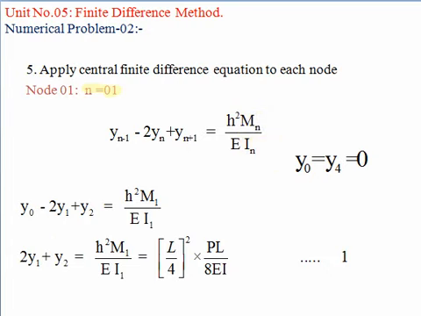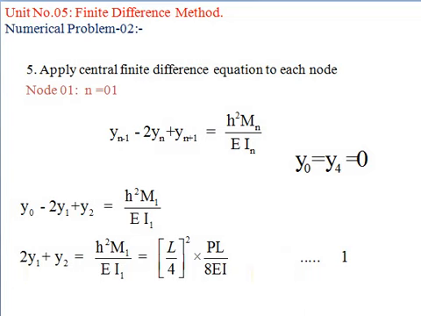Okay, now here the value of y0 is 0, because support is there, and put the value of h, it is (L by 4) square into M1 value is PL upon 8. Now this is our equation: minus 2y1 plus y2 equal to L square upon 16 into PL upon 8. Okay, this is equation number 1.